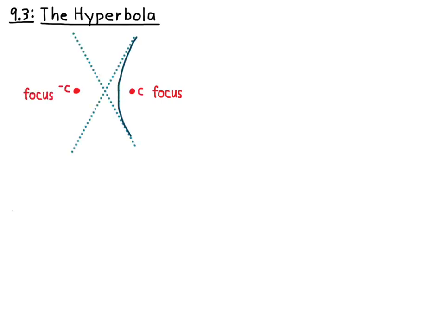So first of all, we have to know the definition of a hyperbola, analytically we call it. You have two foci, plural for focus, just like with the ellipse, except now the foci are on the outside, further away from the center than the vertices A and negative A are.